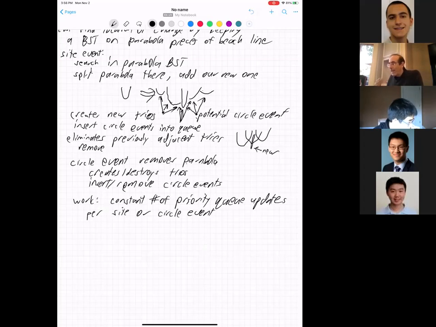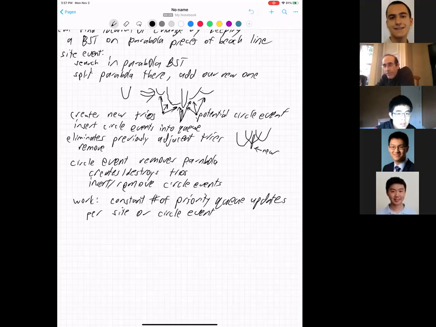Now, how many site and circle events are there over the entire construction? A site event occurs when you hit a site. How often does that happen? N times. And when does a circle event happen?